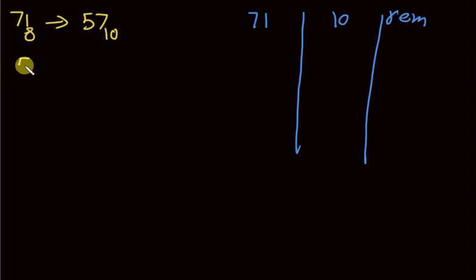Actually, sorry, we wanted to go from 57, which is base 10, to base 8. So we're supposed to make it in a different way. That means I'm just going to erase these two.